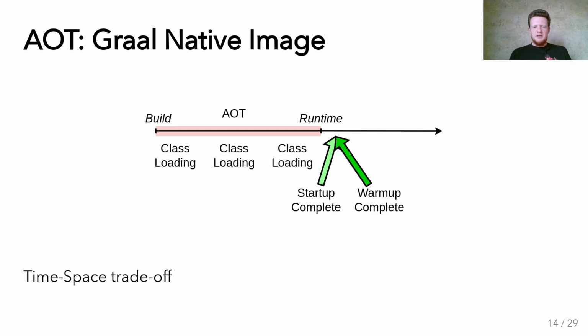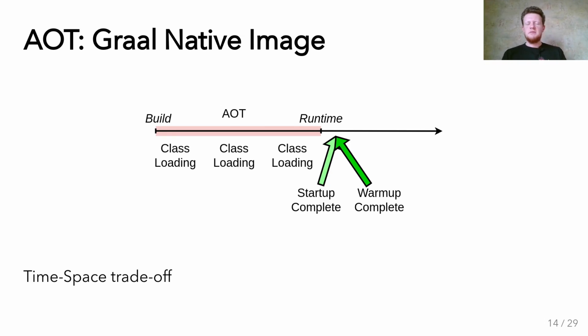In general, this is a pretty hard problem to deal with, but we know an interesting and very successful approach in this area, and that is ahead-of-time compilation. Graal native image is an example of an implementation of ahead-of-time compilation. Graal relies on the closed world assumption, that is, that it should be able to understand the program from the very start till the very end.